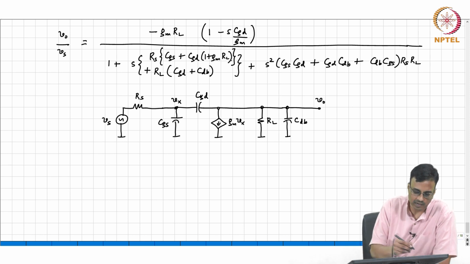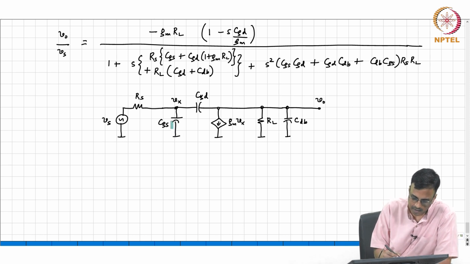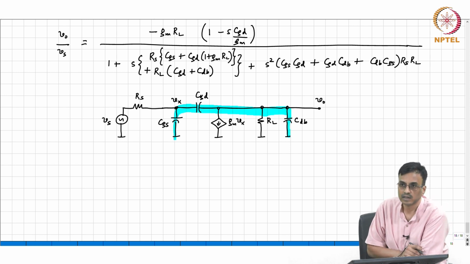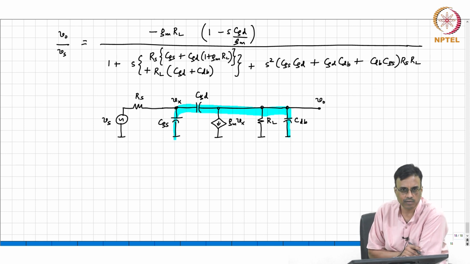So, you can see that even though there are 3 capacitors, and you would normally expect a third order transfer function with 3 reactive elements, you have a 1 capacitor loop. So, all 3 capacitor voltages are not independent.